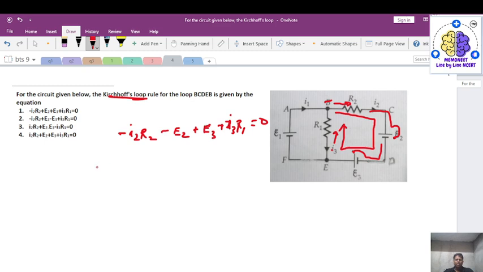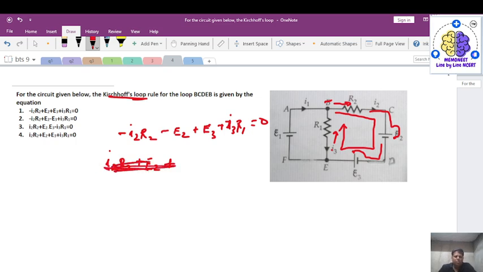So if I take minus as common, it will become I2 into R2 plus E2, plus, no, sorry, wait a minute.